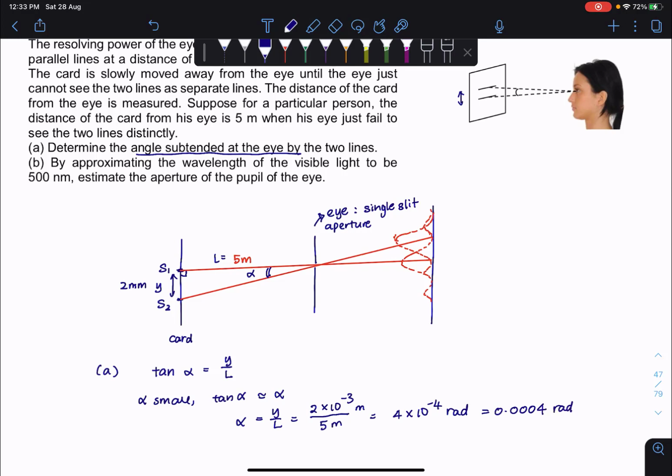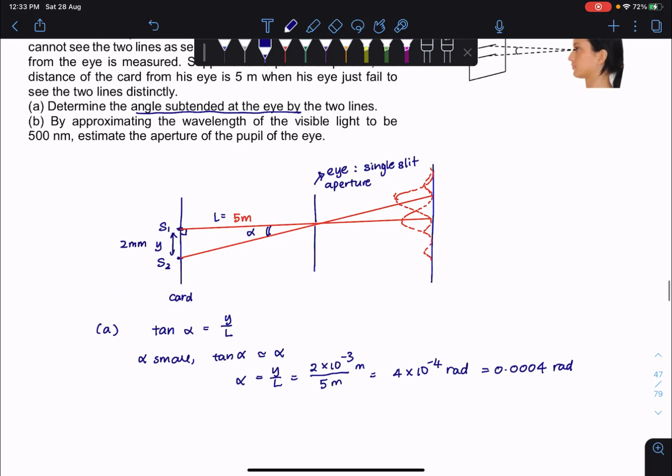It says, by approximating the wavelength of visible light to be 500 nanometers, so I'm going to take lambda to be 500 nanometer, I'm going to estimate the aperture of the eye. So the aperture of the eye, this is my b value. What is this value?